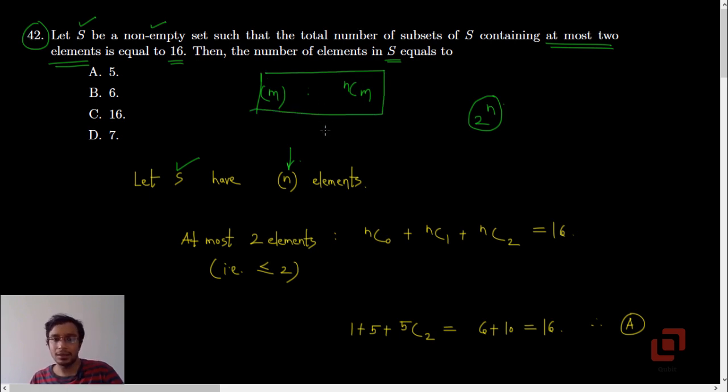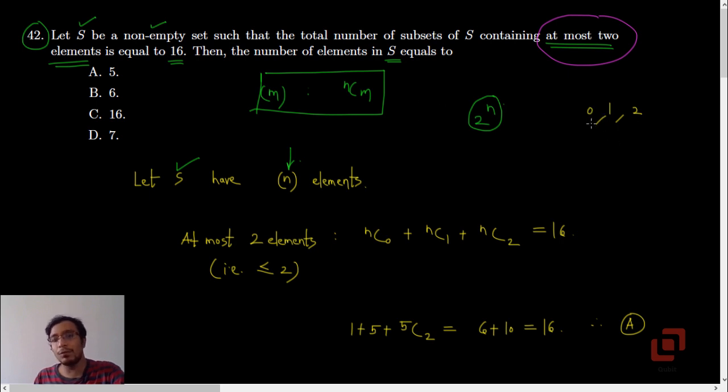You can prove it by mathematical induction, correct? But here the problem has given us the total number of subsets of S containing at most 2 elements. Now the phrase at most also appears in binomial distribution, isn't it? At most means 2 or less than 2.